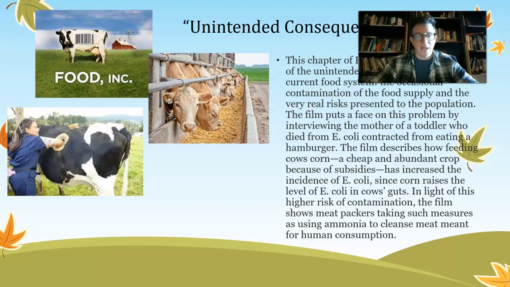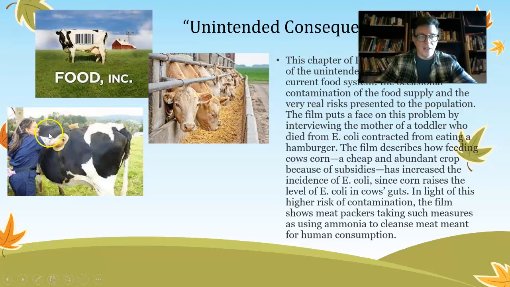A lot of that corn they eat doesn't get digested, and instead it kind of rots in their stomach. And when it's rotting in their stomach, it develops E. coli, which is very bad. E. coli is a bad bacteria that is found in decaying material and poop. So these farmers are feeding corn to cows, and they figure out the cows cannot digest all the food.